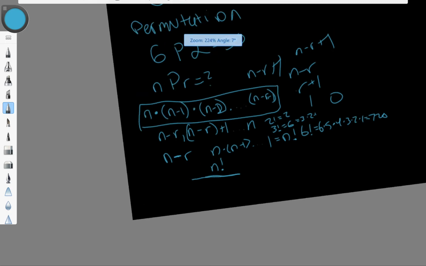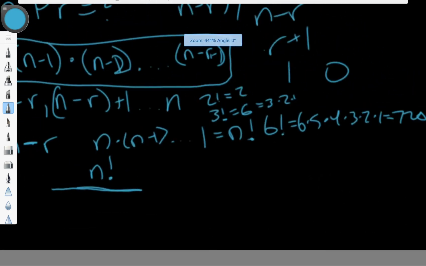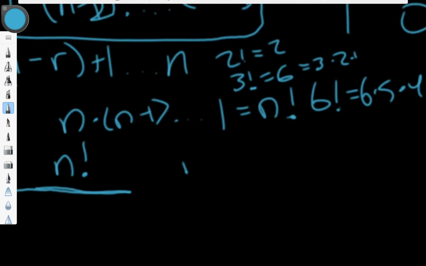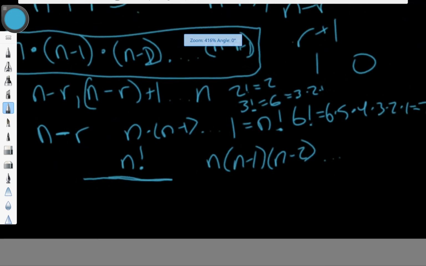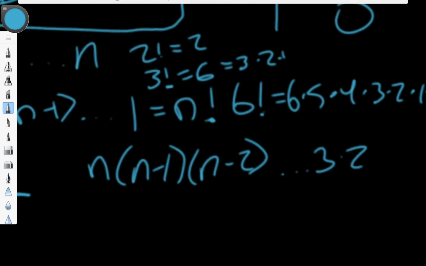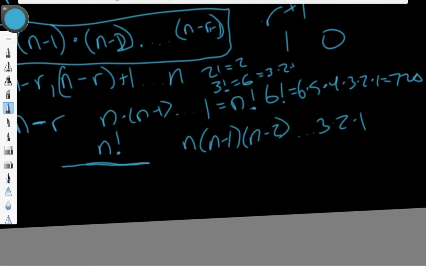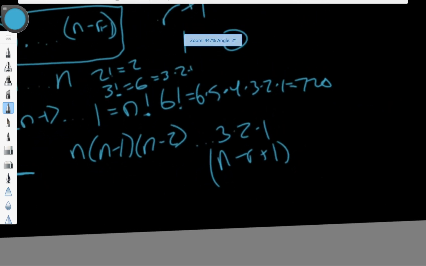So it's going to be n factorial over, well, what are we canceling out of n factorial? N times n minus 1 times n minus 2, all the way up to 3 times 2 times 1, right? What do we need to cancel so that we get to n minus r plus 1? Let's think what's after that in the factorial.